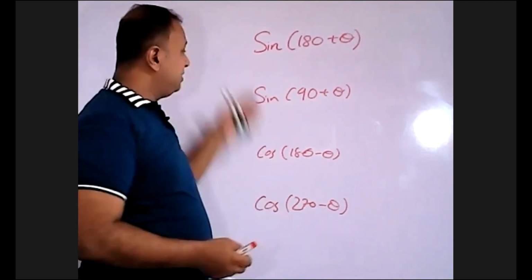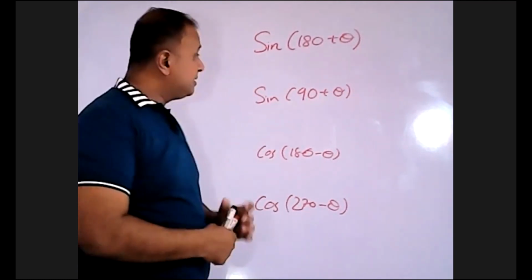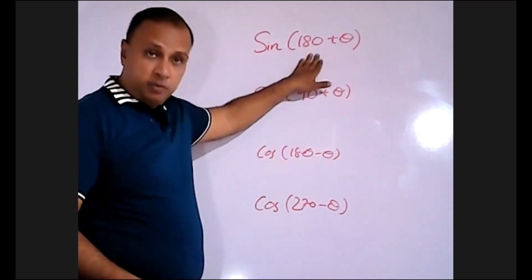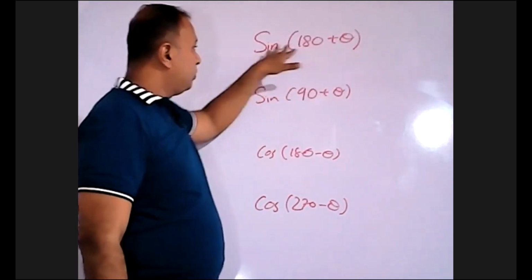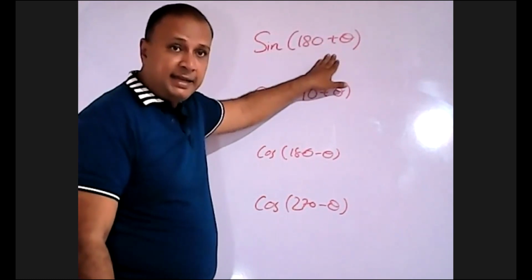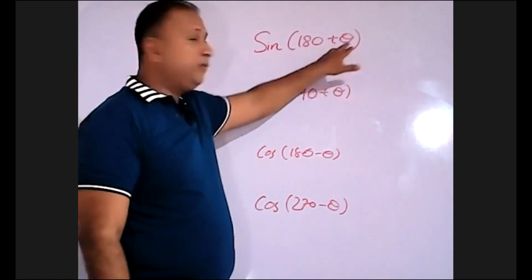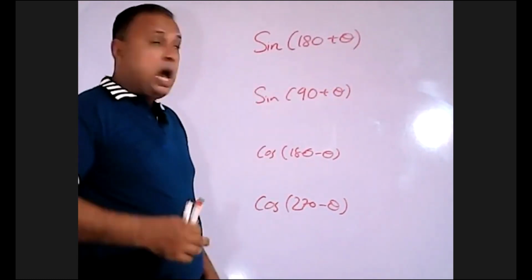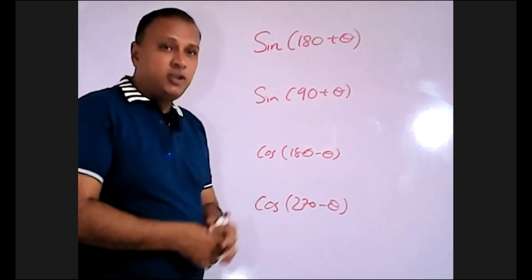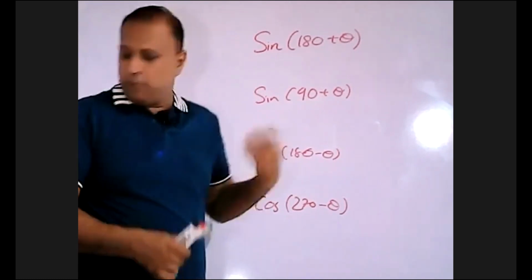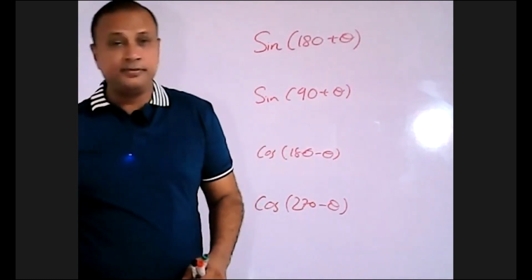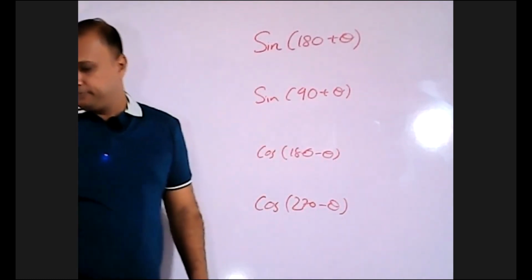Suppose we are given this kind of angles. We have to find the relationship between the trigonometric values of this angle and the trigonometric value of theta. How to build a relationship? How to memorize that one?